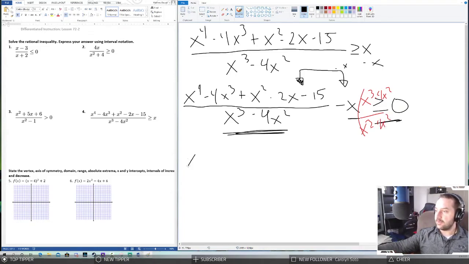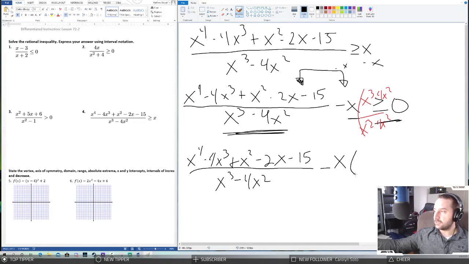So that's going to give me x to the 4th minus 4x to the 3rd plus x squared minus 2x minus 15 over x to the 3rd minus 4x squared minus x times x to the 3rd minus 4x squared over x to the 3rd minus 4x squared.